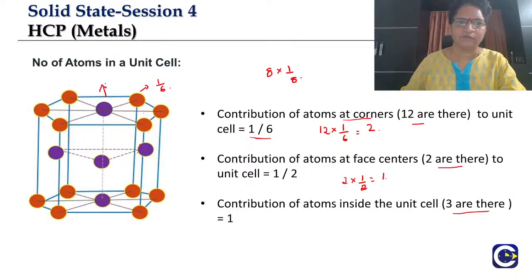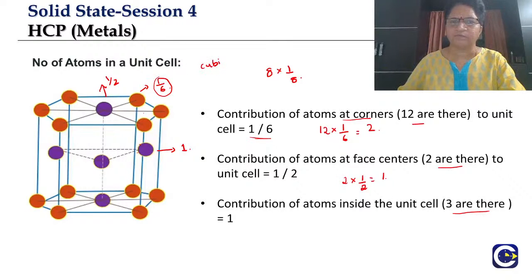This will be a contribution of 1 by 2. These will not be shared by any other unit cell, so it will be equal to 1. Hope it's clear. Here it's 1 by 6. When we go for a simple cube, it will be 1/8. Here it's only 1/6.